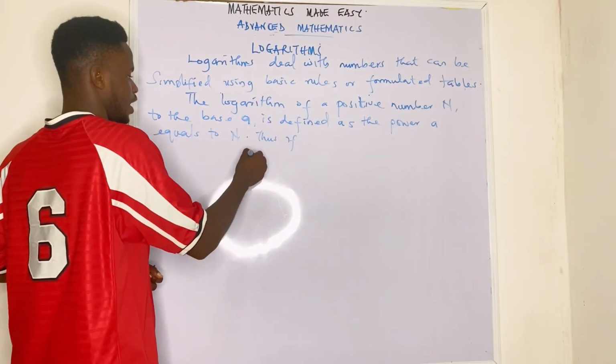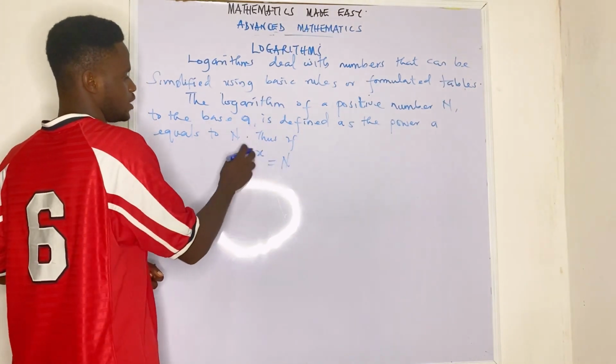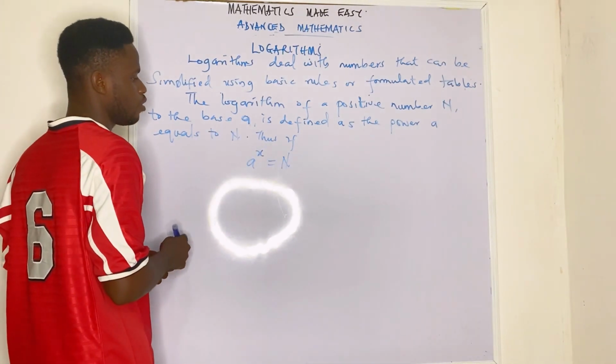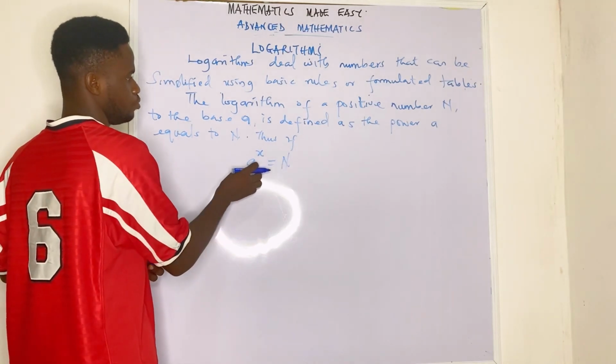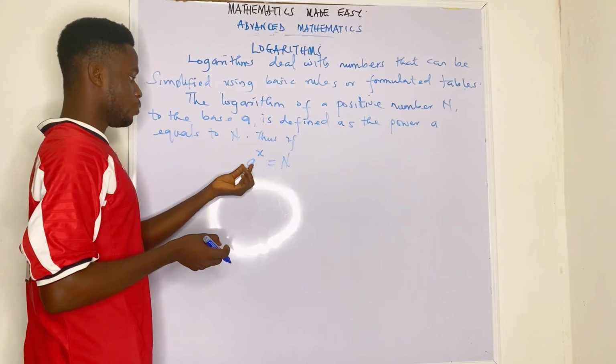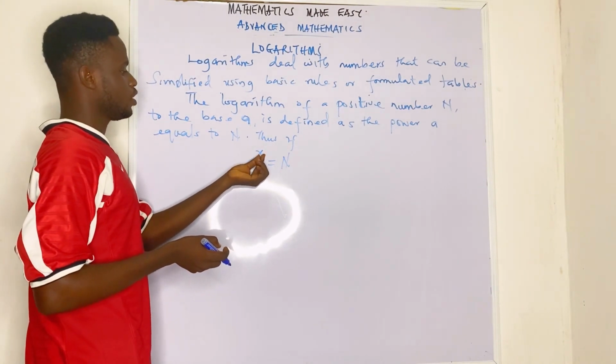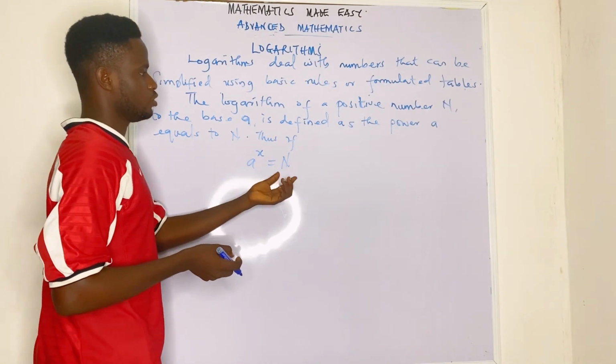That is, a raised to power x equals to n, where x is the logarithm of the positive number to base a. So that's why I said logarithm of a positive number to a base a is defined as the power of a. So the logarithm is the power of a here now equals to the number.